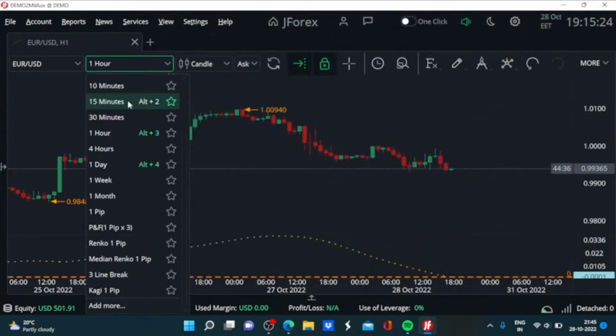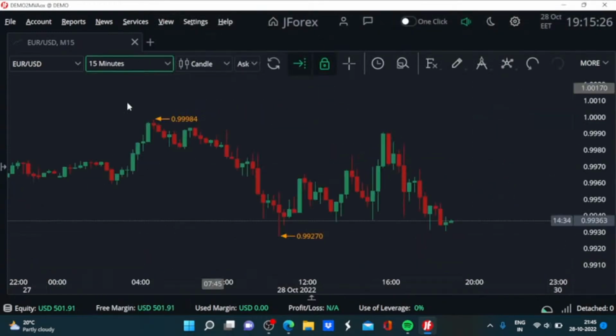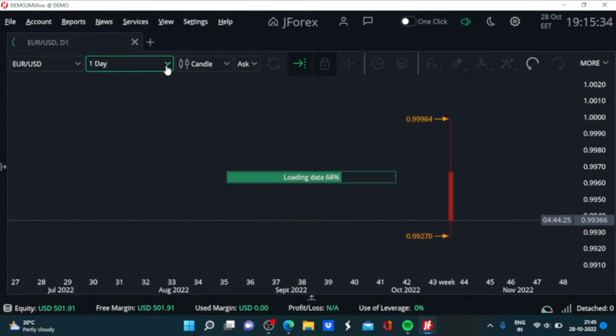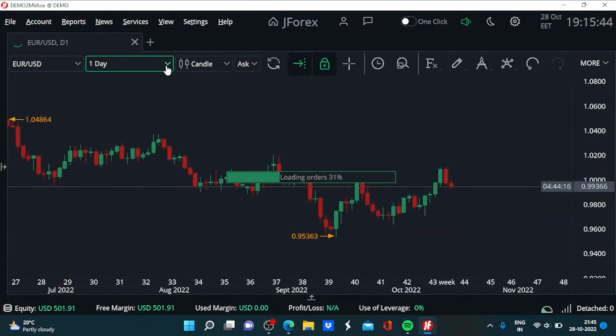So here on 15 minutes, or for that matter any other candle period apart from 5 minutes and hourly, won't have the plotting for this indicator, the TRIX. So here on the daily time frame, we won't be having the TRIX indicator plotted, as you can see.